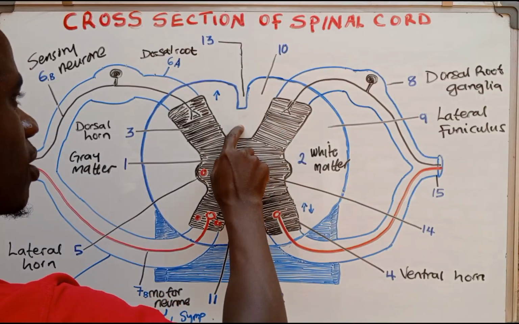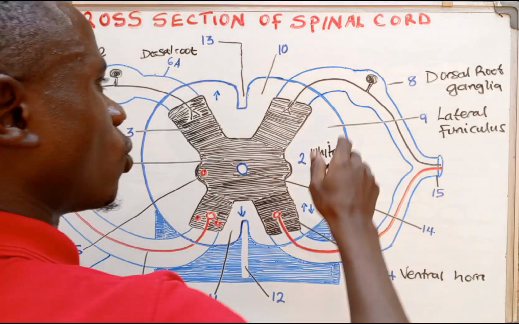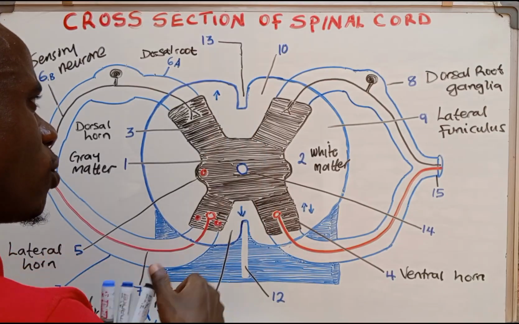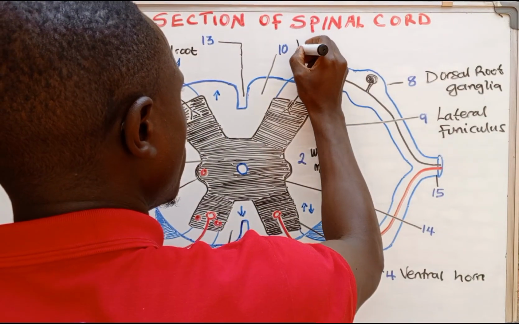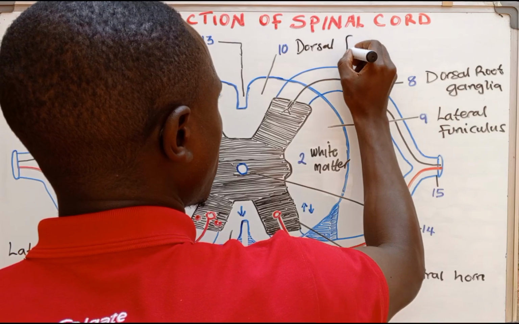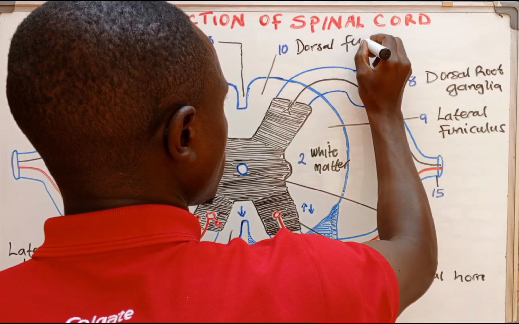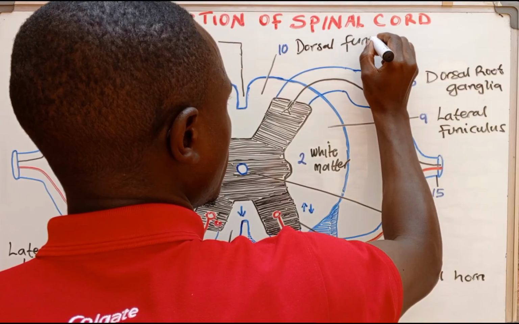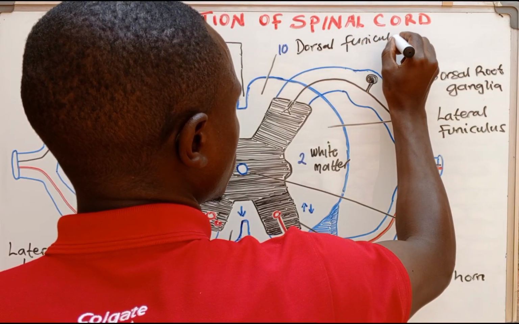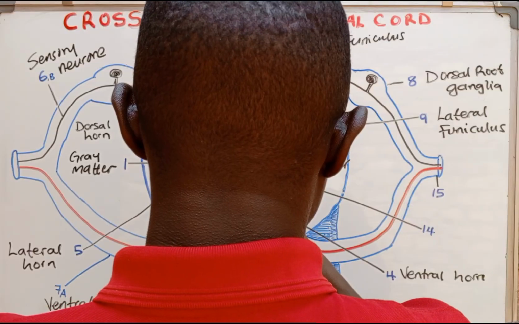And then number 10 is at the back, at the dorsal part, the posterior end. These white columns here we simply call the dorsal funiculars.